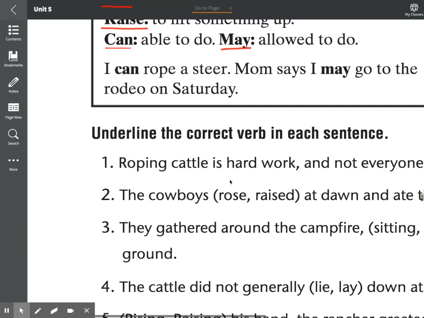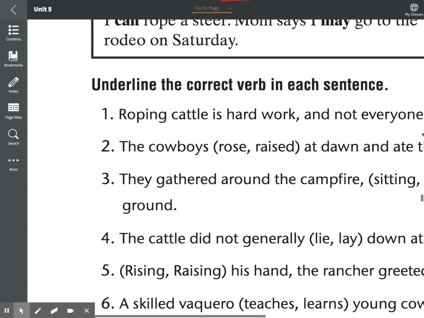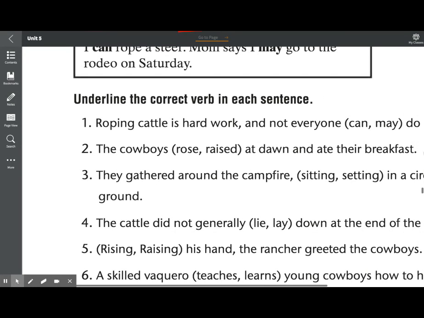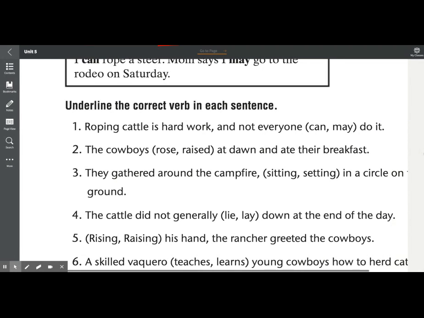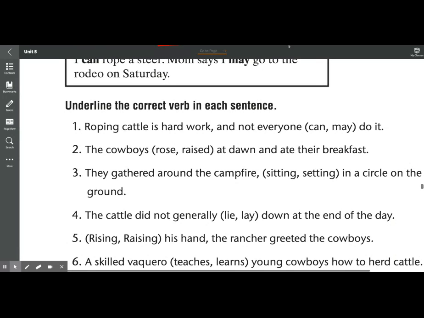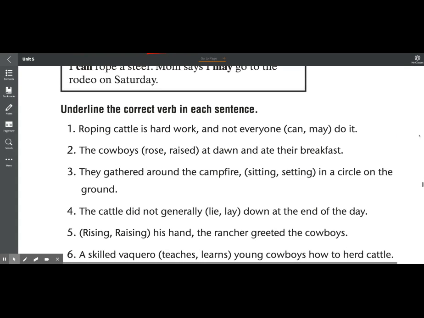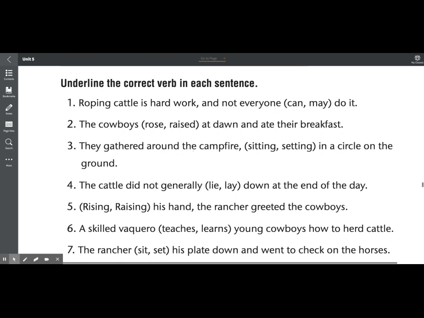All right? So in this exercise, you are going to help me pick the verb that belongs in each sentence. Let me make this screen a little bigger so that we are able to see all of the words in each sentence. Let's look at sentence number 1.